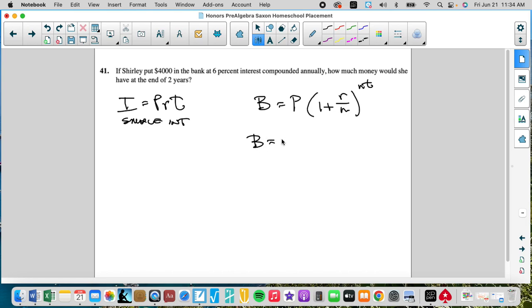The principal is $4,000. 1 plus the rate is 6%, but 6% as a decimal is 0.06, so 0.06 divided by n. The number of times it's compounded annually, so that's 1. That's just one time a year. So that's 1 times 2 years. So time is 2.